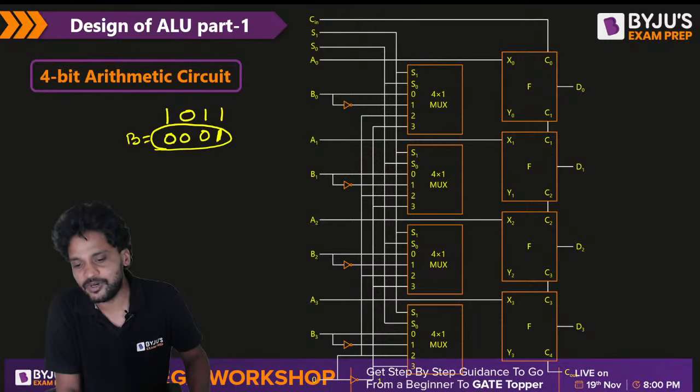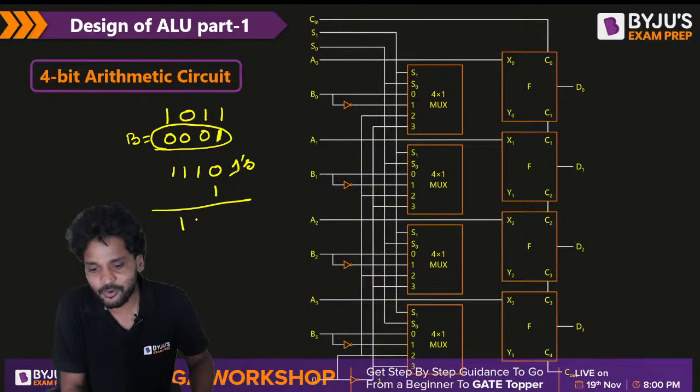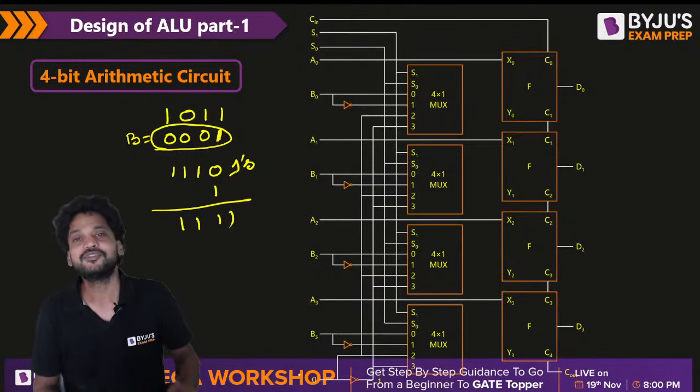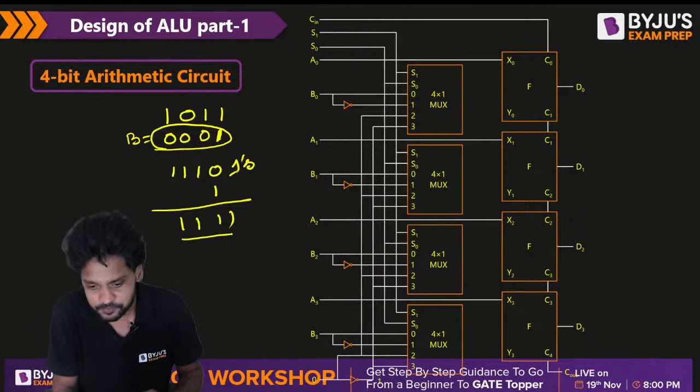Now we need to convert B into its 2's complement. Initially, please convert it into 1's complement. 1's complement of 0001 is equal to 1110. 2's complement is 1's complement plus 1, that is equal to 1111. This is the reason why whenever you want to subtract a 1, finally we will get 1111.